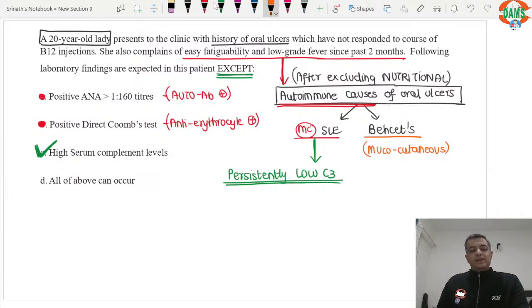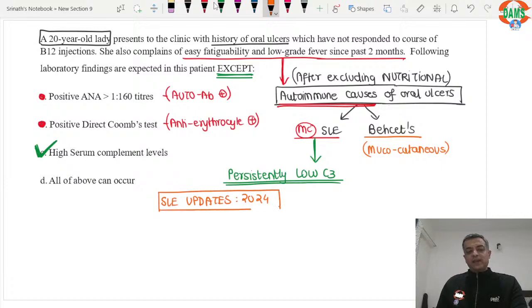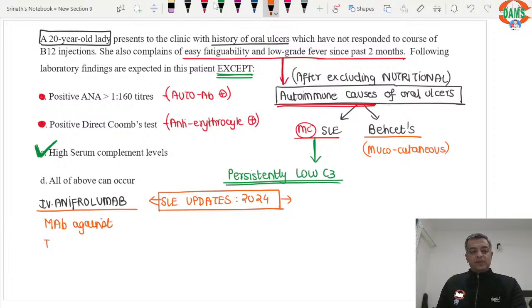In the SLE updates of 2024, which are the two new drugs we want to remember? One is IV anifrolumab, a monoclonal antibody against the interferon type 1 receptor.